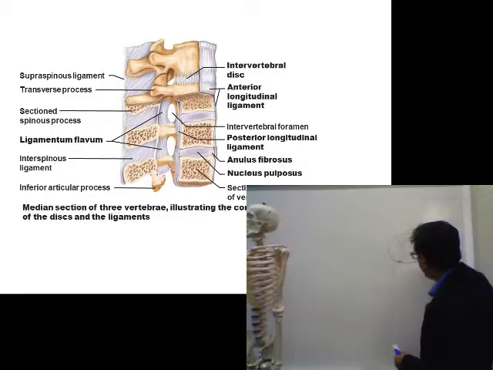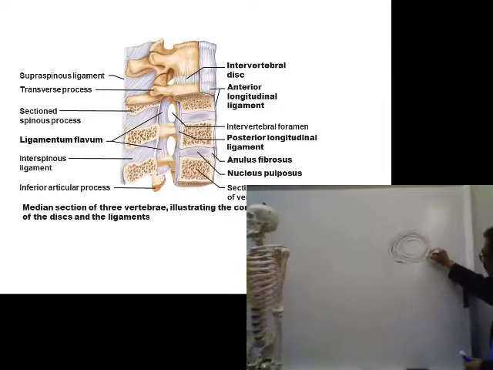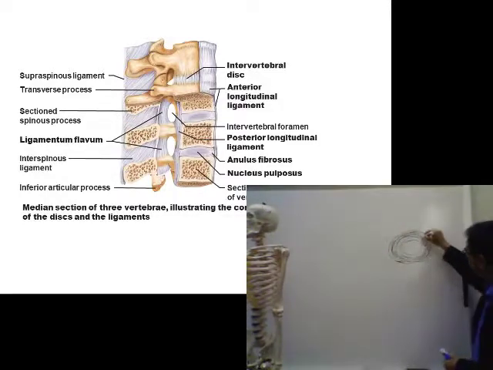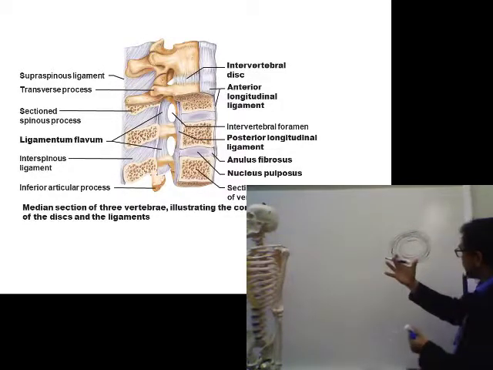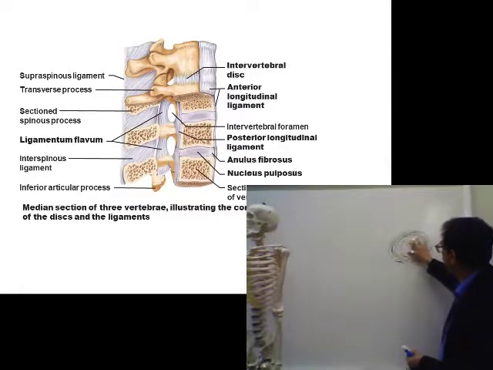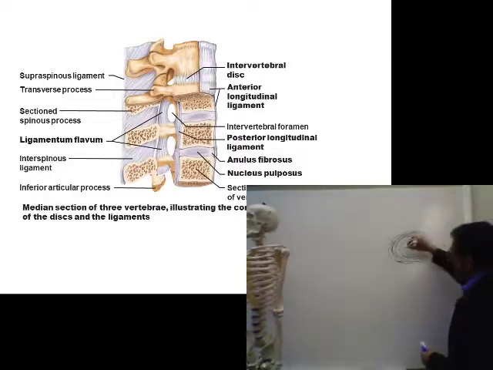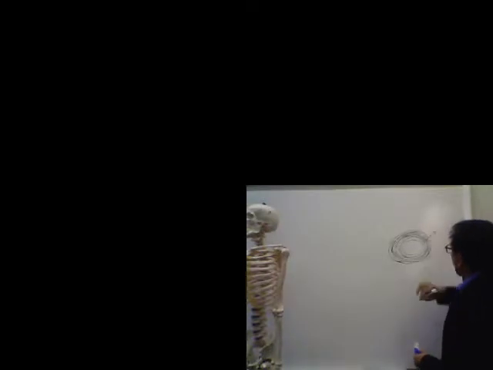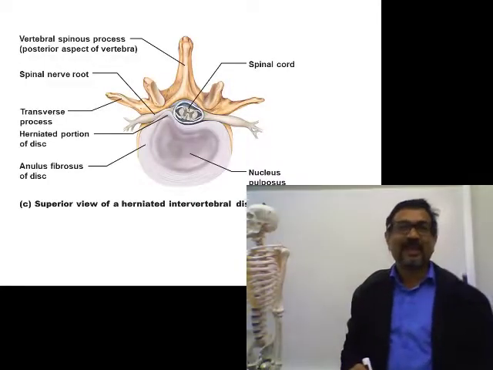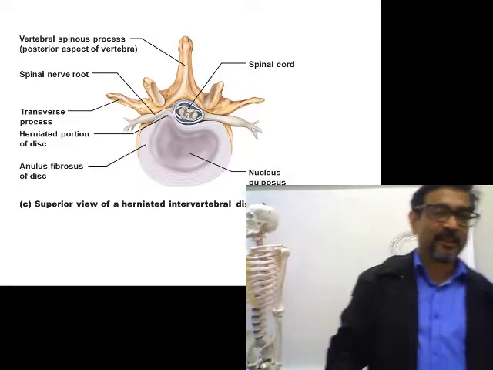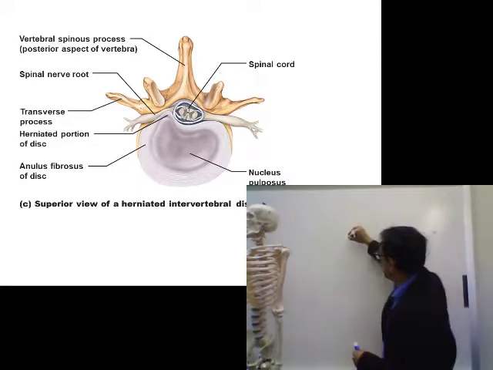Outer part consists of a lot of fibers, many fibers, collagen fibers, and that's why the outer part is very tough, because any structure that has more fibers is more tough. So the outer tough part where you have many fibers is called annulus fibrosus.